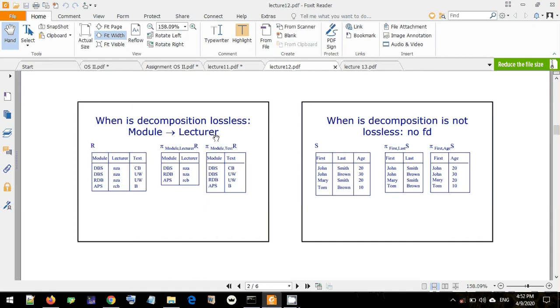Now, the projection of R on module and text: each of the elements in the tuples is different, and that is why we write all four tuples directly, because there is no data redundancy. By performing this projection we equally eliminate the functional dependency between module, lecturer, and text.